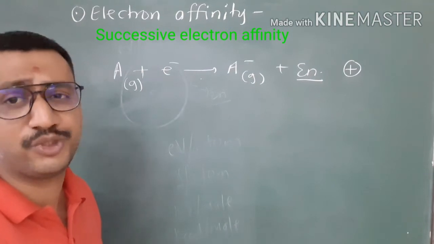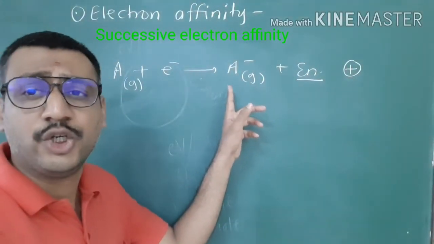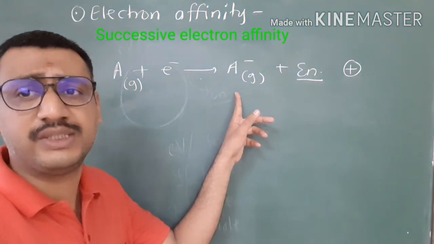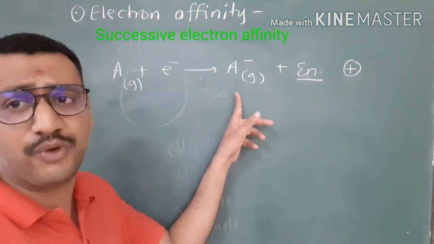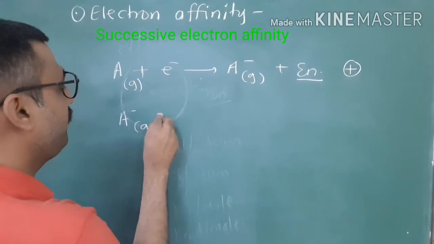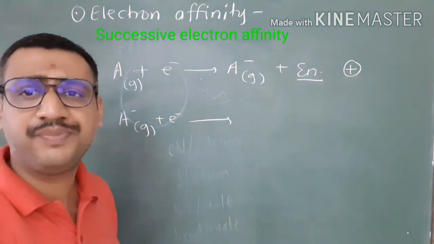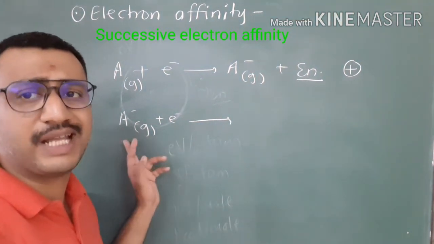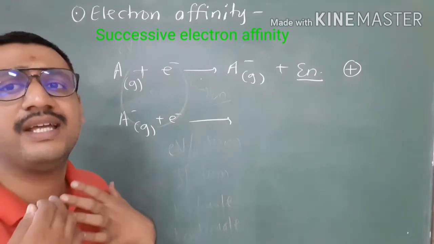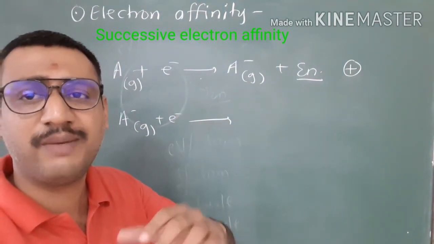Now we form a negatively charged uninegative ion, that is an anion. Then if we want to put one more electron in this anion, what will happen? It is difficult to add an electron to this anion, because it is already negatively charged, and if we want to put one more electron in it, what will happen?